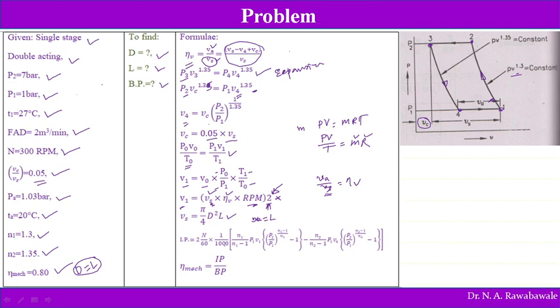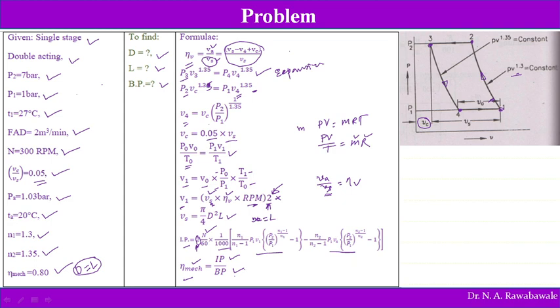Indicated power can be obtained by the work done during compression minus work done during expansion, into N divided by 60 for RPS, divided by 1000 to convert work done into kilowatts. The 2 is there because this compressor is double acting. N is per minute. Mechanical efficiency is given as indicated power divided by brake power. Once we know indicated power and mechanical efficiency, brake power can be obtained.